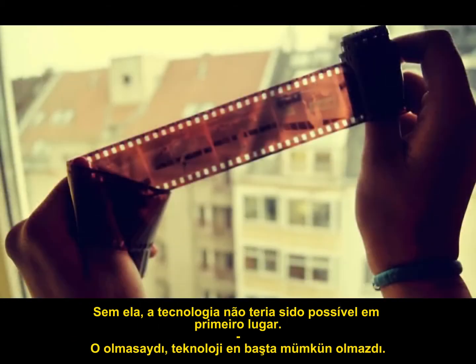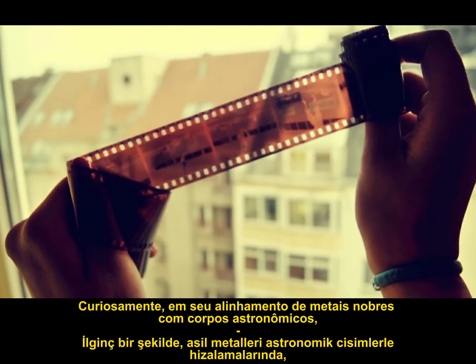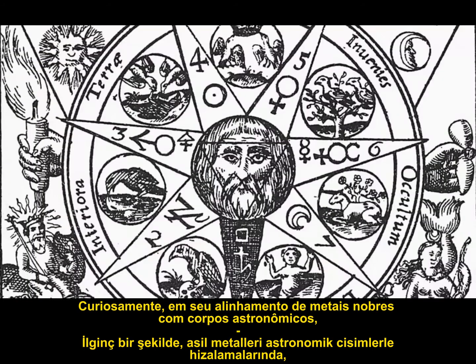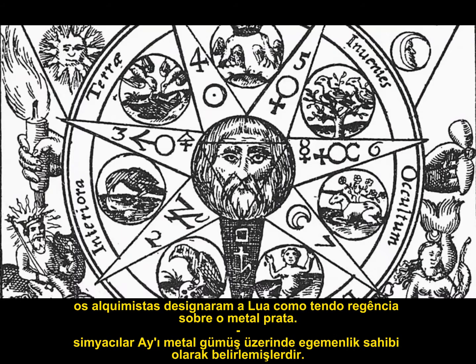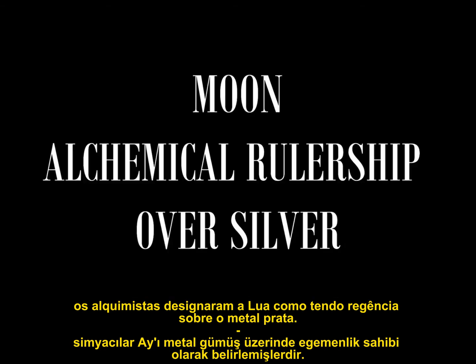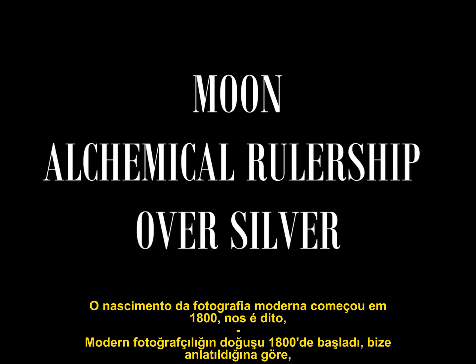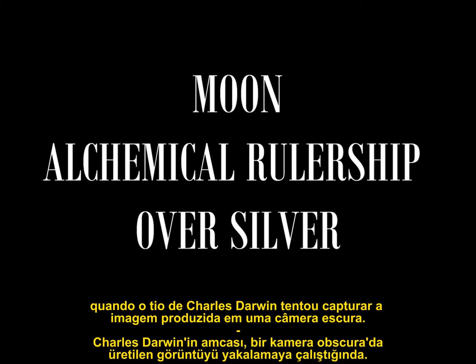Without it, the technology would not have been possible in the first place. Interestingly, in their alignment of noble metals with astronomical bodies, the alchemists designated the moon as having rulership over the metal silver.